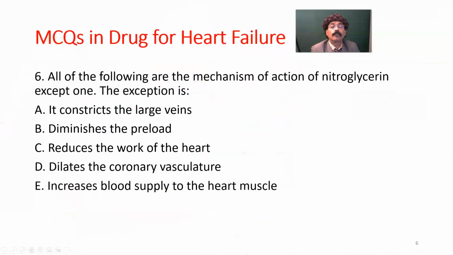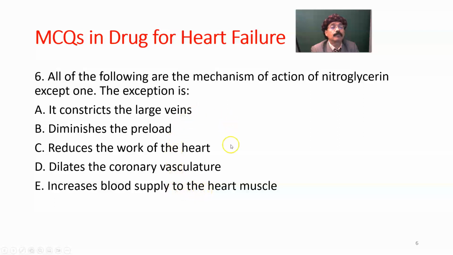Question number 6. All of the following are mechanisms of action of nitroglycerin except one. The exception is what? A. It constricts the large vein. B. Diminishes preload. C. Reduces the work of the heart. D. Dilates the coronary vasculature. E. Increases blood supply to the heart muscle.